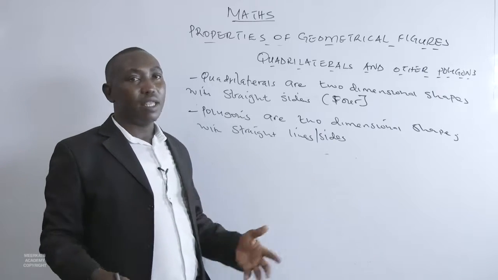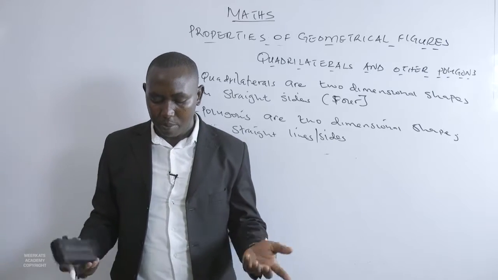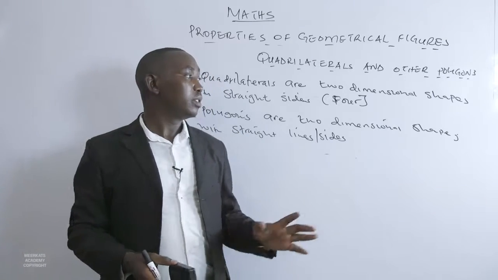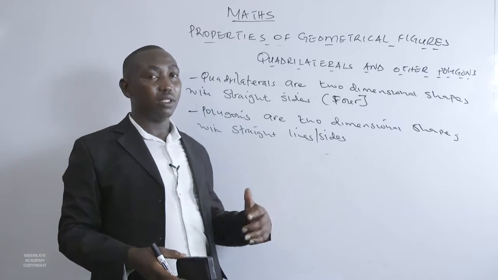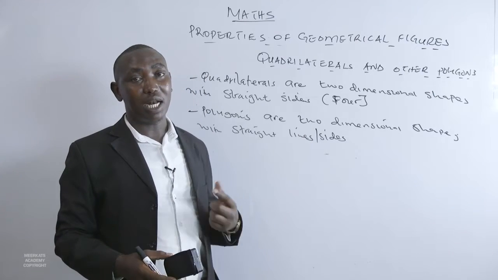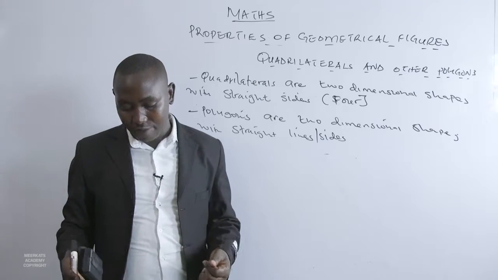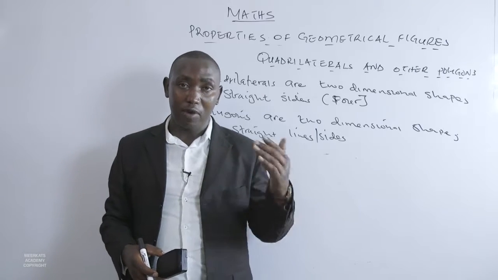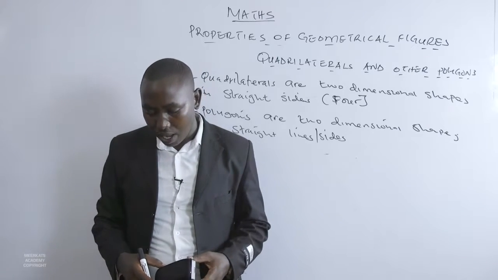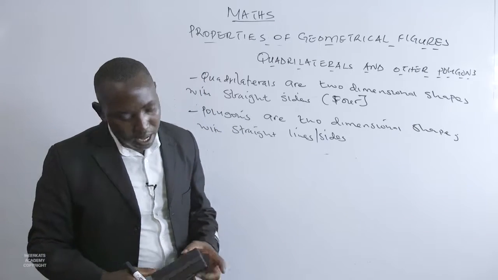So that is just any particular polygon. In that case, if you look at any polygon, depending on the number of sides it has or the number of lines forming that shape, it will derive its name from there. And we are going to look at the different names given to different polygons.